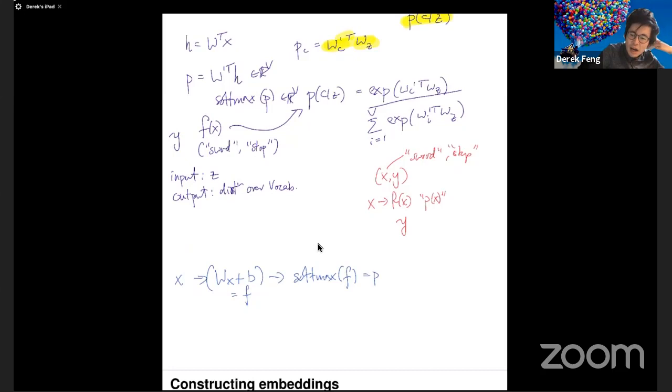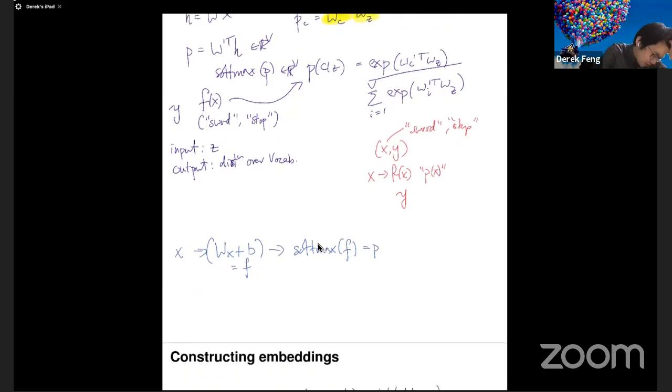One way to think about logistic regression is: I have an input, I do a linear transform of this input to get an F, then I do a softmax to get the P, and P is my output. P is like my f of X, so to speak.